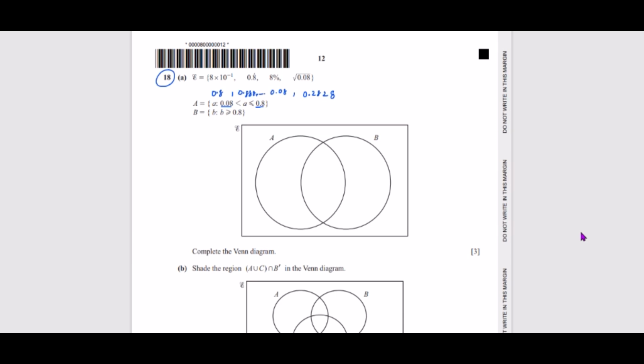So the range of A is equal to 0.08 to 0.8, and the range of B is greater than or equal to 0.8. So 0.8 is on B and 0.8. A is less than or equal to 8. So we look at this number. This number lies in both set A and set B, 0.8.